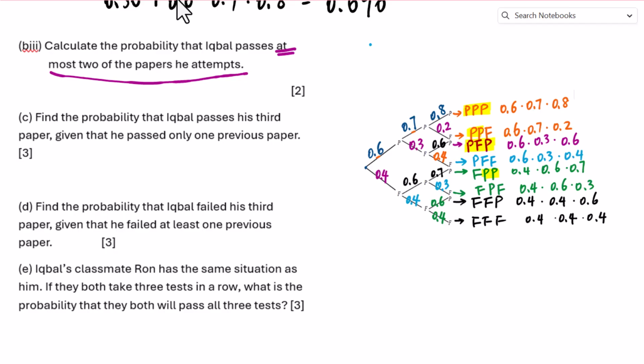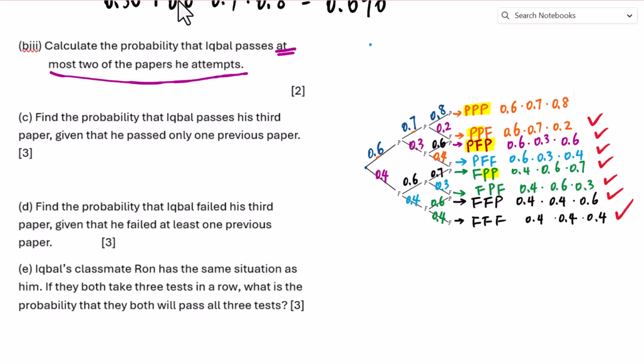B3, calculate the probability that Iqbal passes at most 2 of the papers he attempts. At most 2, which means passes 2 papers, 1 paper, or 0 paper, which means we need to add all this together.